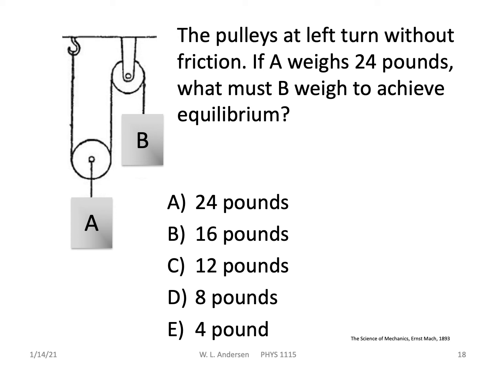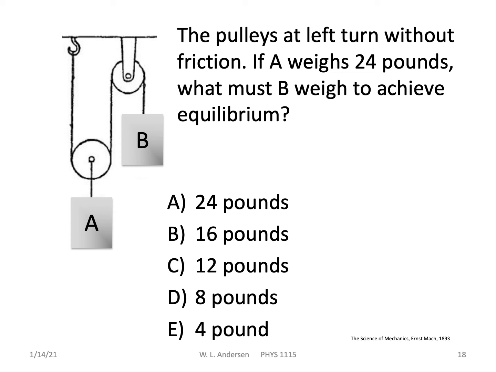We'll explore it in terms of a question. If we have this situation as shown here with frictionless pulleys, if A weighs 24 pounds, what does B have to be to achieve equilibrium? Well, probably the easiest way to understand this is to recognize that object A, or the pulley connected to A, is being supported by two lines, so to speak. The rope is acting up, serving to support it in some sense twice.